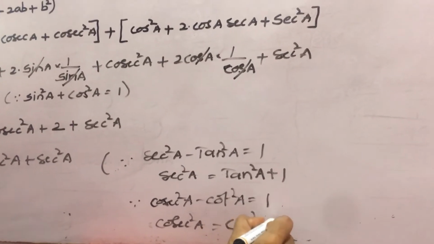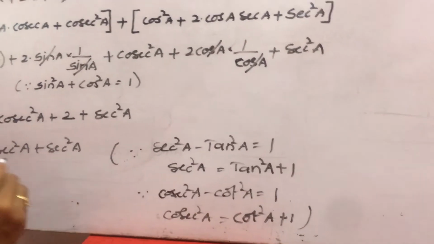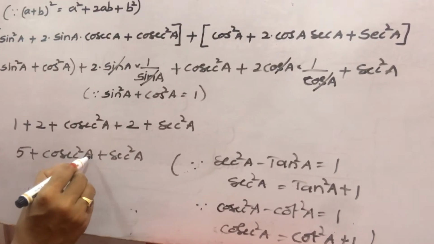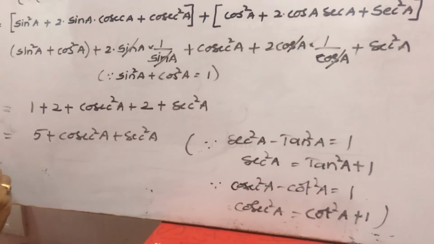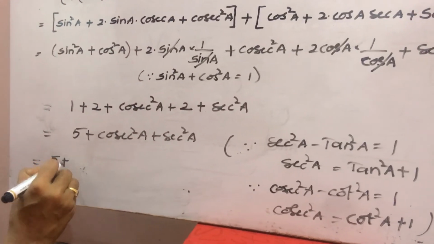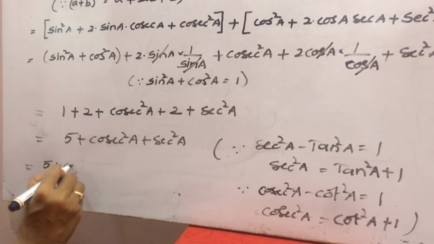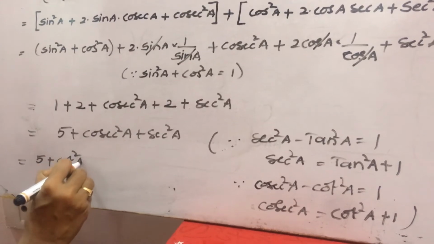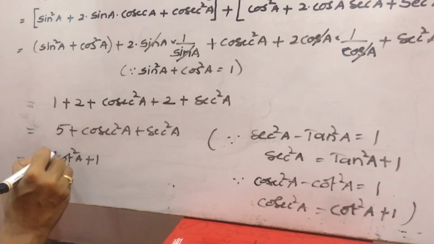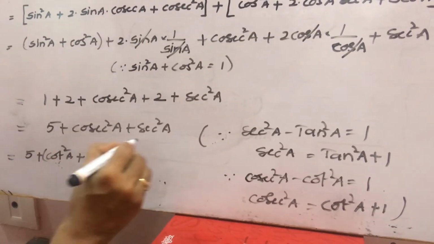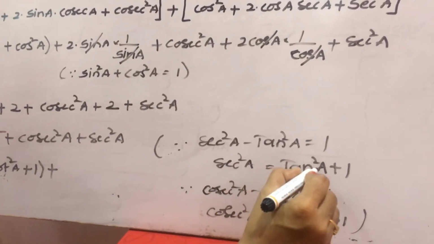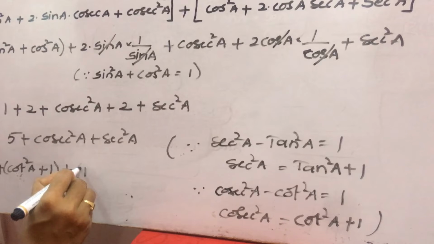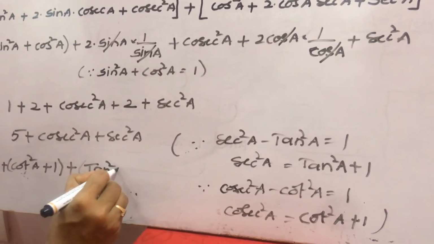See here, we are replacing this cosec square A by cot square A plus 1 by the trigonometrical third identity. What is sec square A? We can replace sec square A by tan square A plus 1.